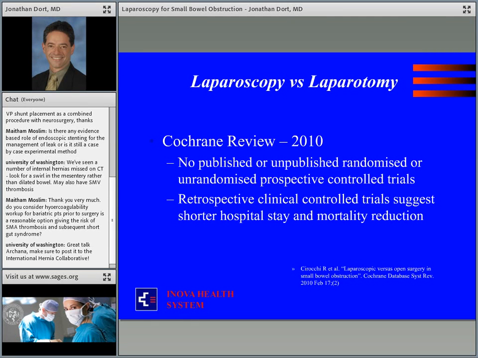There are a collection of small retrospective studies, and in fact, when the Cochrane Review was published on this subject in 2010, their conclusion was that they could make no conclusion, because there were no published or unpublished randomized or unrandomized prospective controlled trials, and just a collection of some retrospective trials that did suggest shorter hospital stay and mortality reduction with the laparoscopic approach, but certainly not enough evidence to make a firm recommendation, and they suggested that more studies would be necessary.